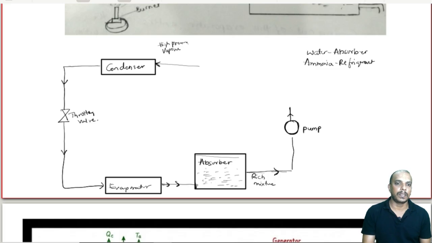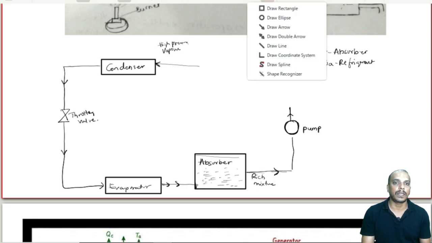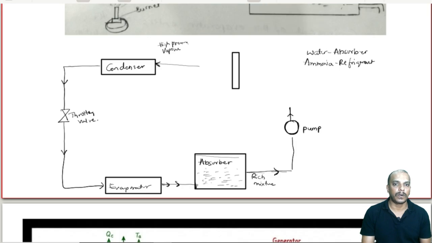So, once the pressure is increased, what should be next? Next we should have a generator, all right. Now, what should the generator do? The generator should be supplied with heat, okay.